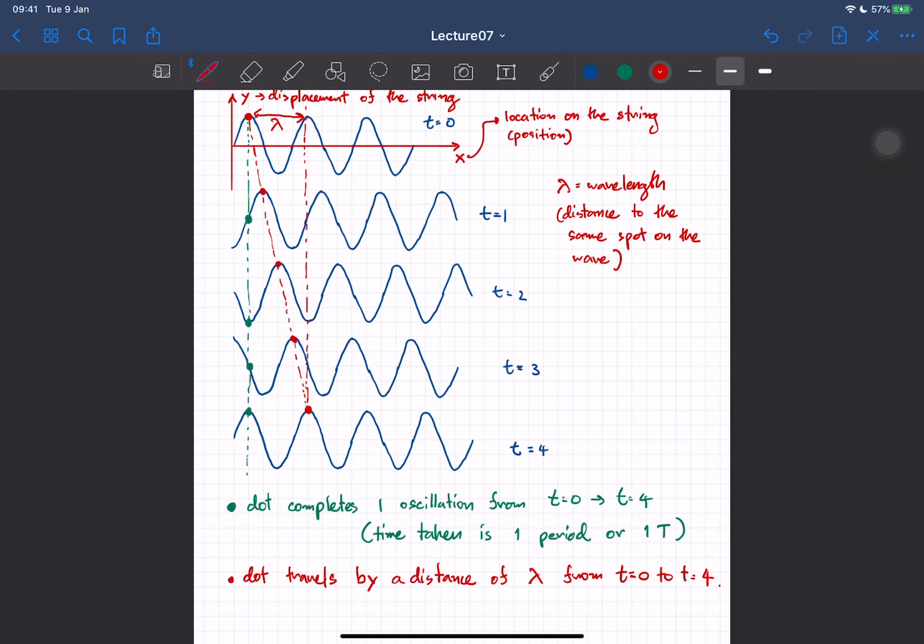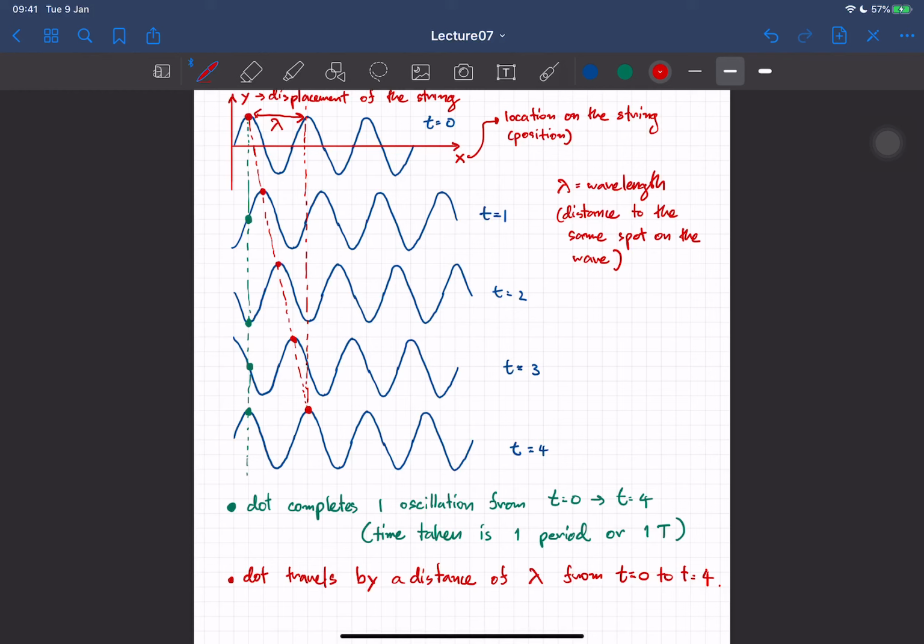So remember that the red dot and the green dot movements happen at the same time. It's just that we choose to look at two different things which are happening at the same time, right? So the red dot moves to the right by 1 wavelength from t equal to 0 to t equal to T. But the green dot is not moving along, because the green dot is just following the same location on the string.